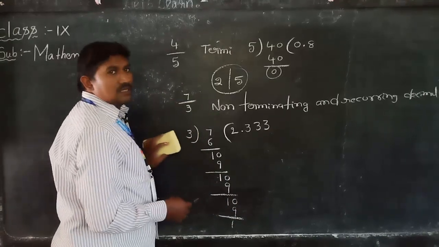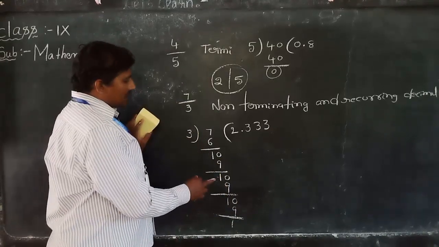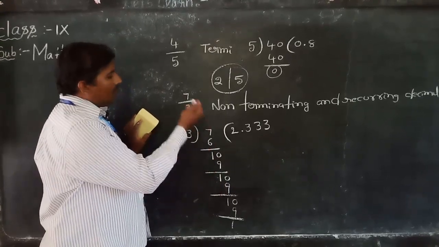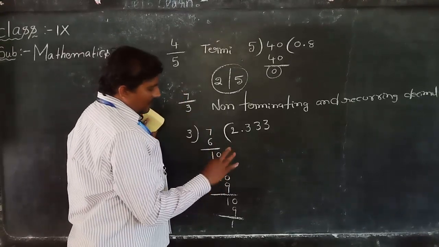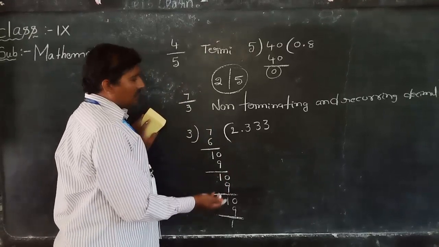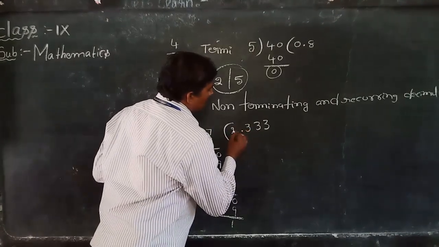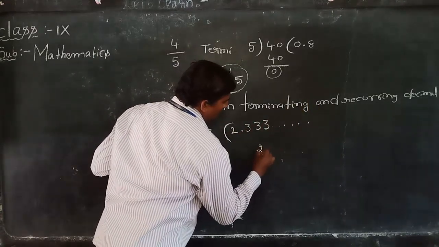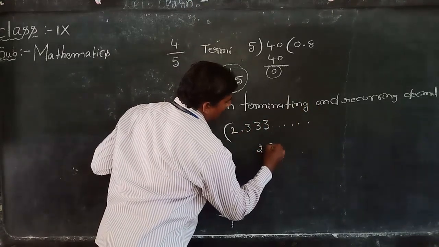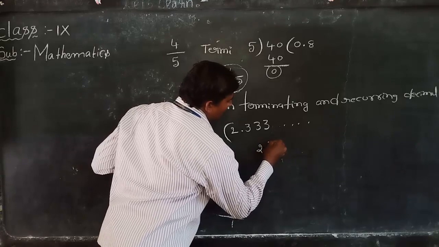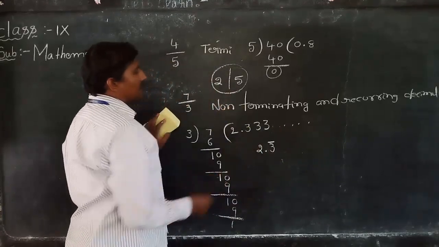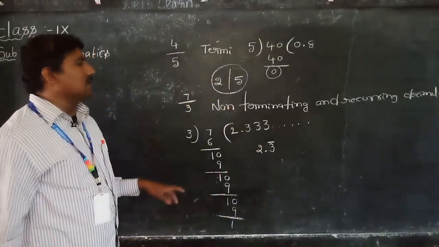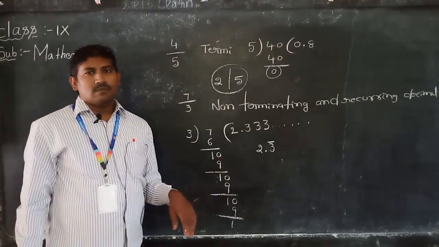Okay, like that. Doing it the whole day also, we are not getting remainder as 0. Always 2.3333 and so on is coming. So we write 2.3 bar. So this is a non-terminating and repeating decimal. Okay, thank you students.